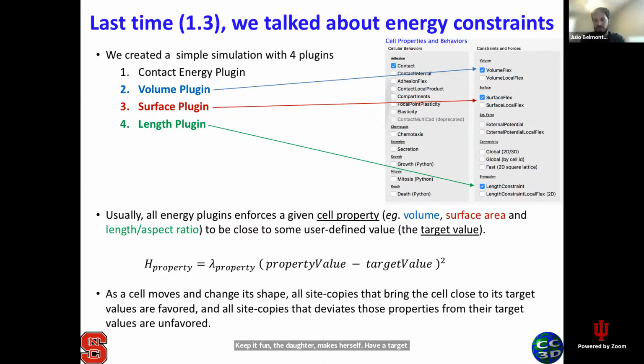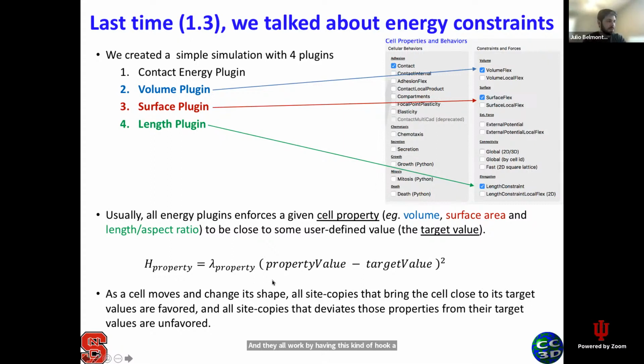And the last one forces an aspect ratio on your cell, so if you choose a target length that's much bigger than what you expect, the cell becomes elongated, otherwise it has a round shape. And they all work by having this kind of Hookean law.